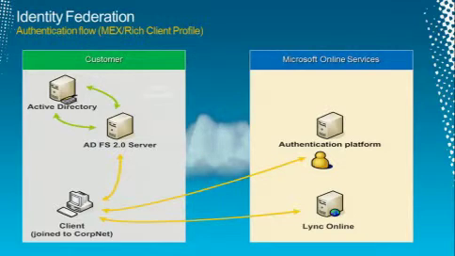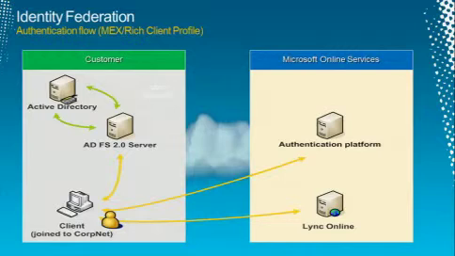From there, the sign-in assistant looks in AD and confirms from the token that came back my UPN. It grabs the domain of that, sends it off to the authentication platform. And the authentication platform in this case says, oh, I know you. You need to go to this ADFS server, and sends back the URL.